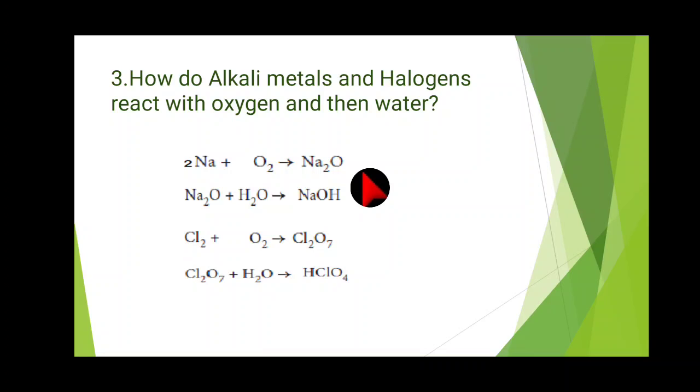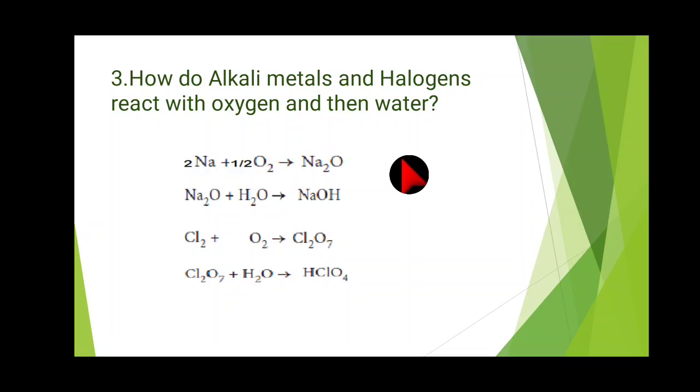Now sodium is balanced. Then on the right side only one O is there, so make it half O2 on the left side; the 2s cancel, so we can balance the oxygen also. So 2 Na plus half O2 gives Na2O.